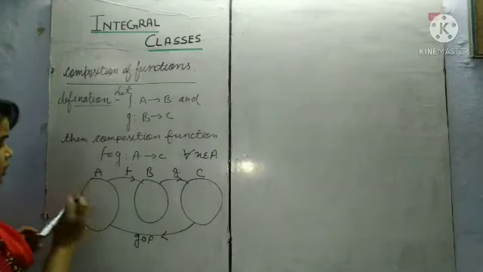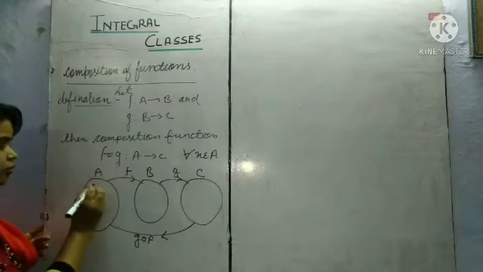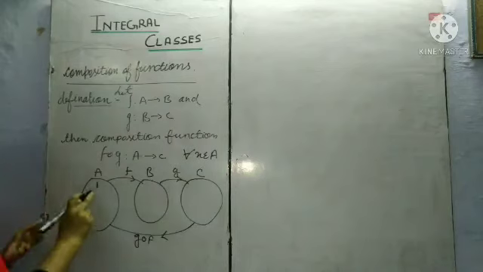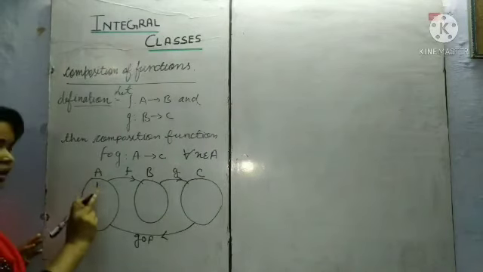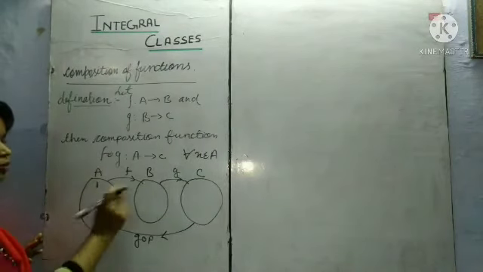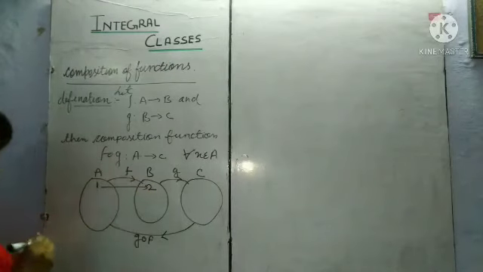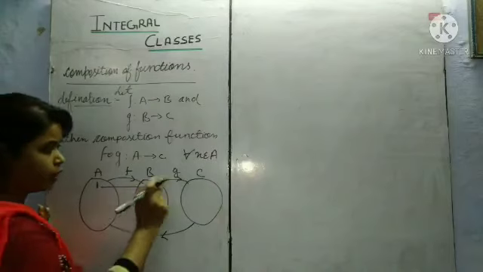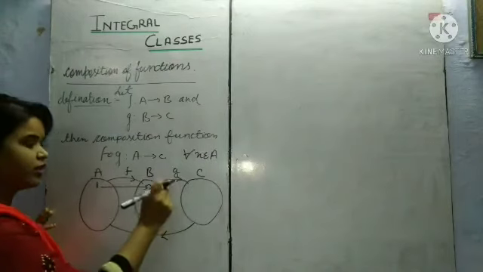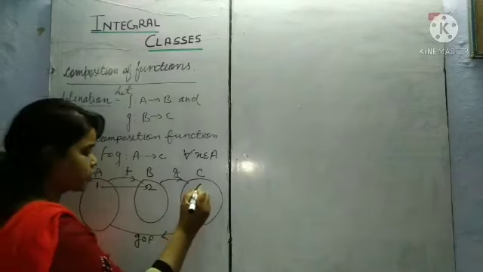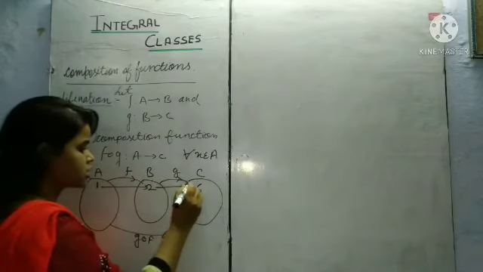Now suppose we have an element of set A, 1. Then we get the image in set B, 2. Now we go from B to C by function g, and we get the image of 2, suppose 6.